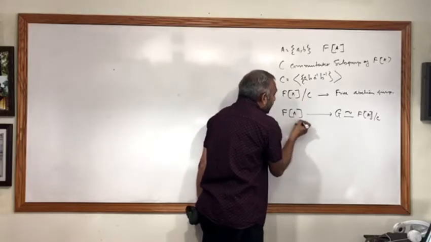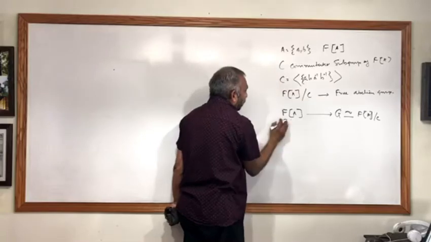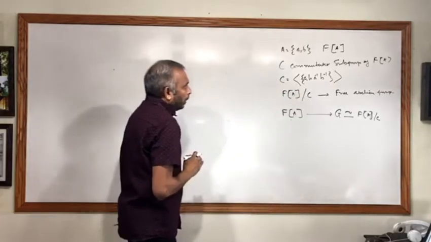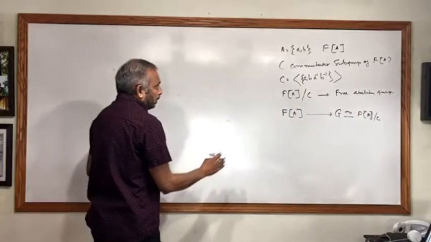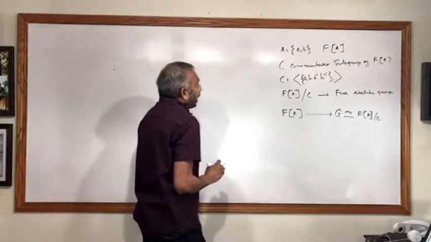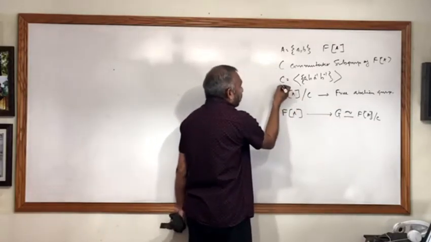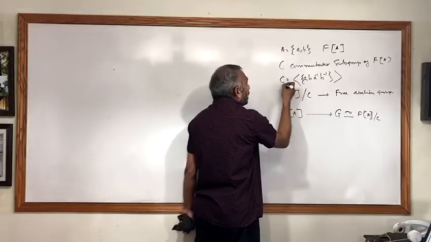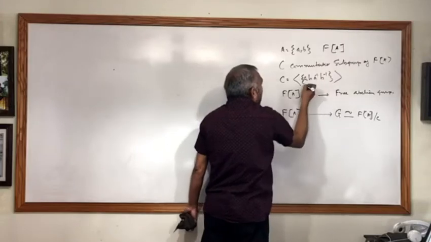We created a normal subgroup of this, and took the quotient. That is how the free abelian group is formed. Okay? And when we created this normal subgroup, what we did here is that we took elements from F of A that are generated by this.